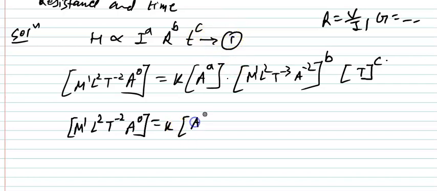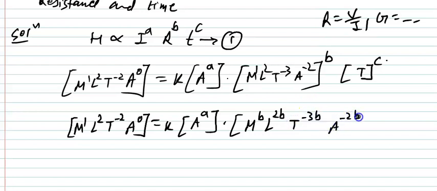A to the power a, and firstly multiply this power with the inner power. So we can write M to the power b, L to the power 2b, T to the power minus 3b, and A to the power minus 2b, right? And the dimension of time is T, multiplied by the power c. Now we have to simplify it.